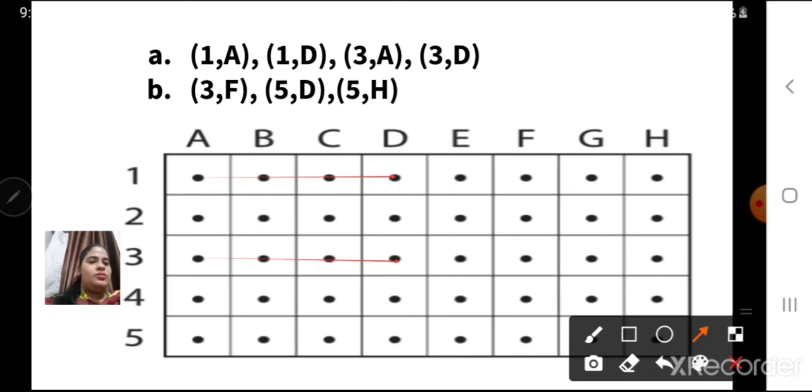So we are going to just join them, okay. So we can see here, children, the shape how it is. Right? You can see it is a rectangle, correct? So you can just draw the shape and you can write here rectangle.